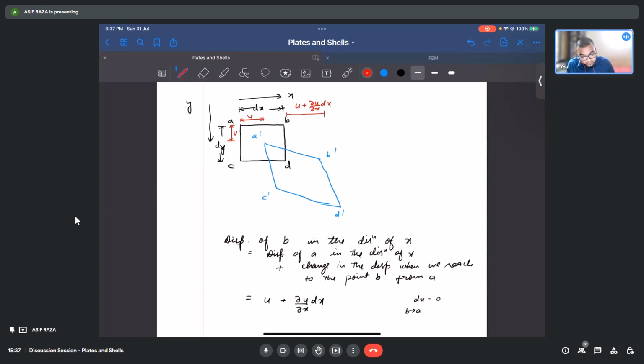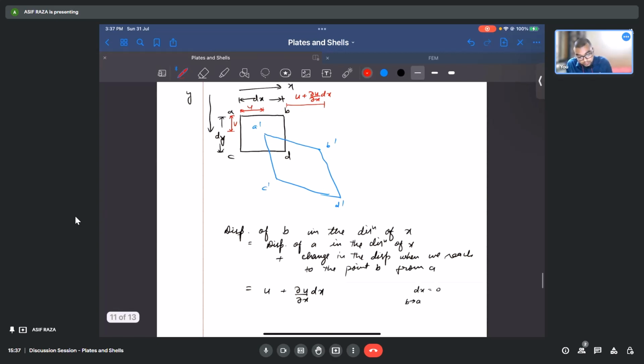Similarly, for the point C in the direction of y, it would be the displacement of A to A dash in the direction of y, which is v, plus the change of this displacement as we move along the y direction, and the total distance between points A and C is dy.